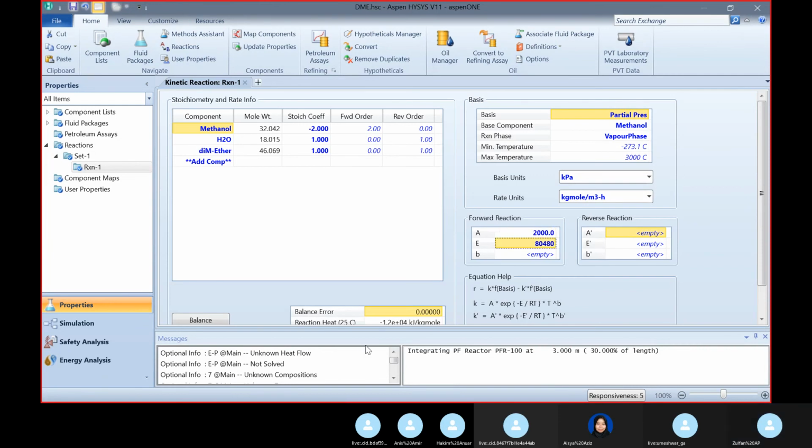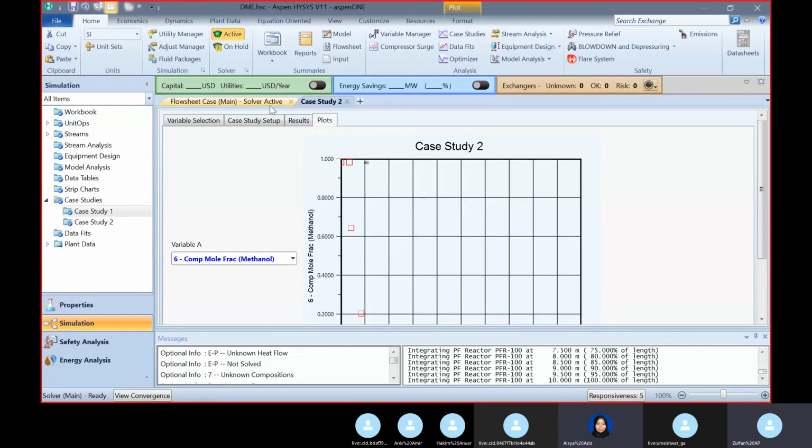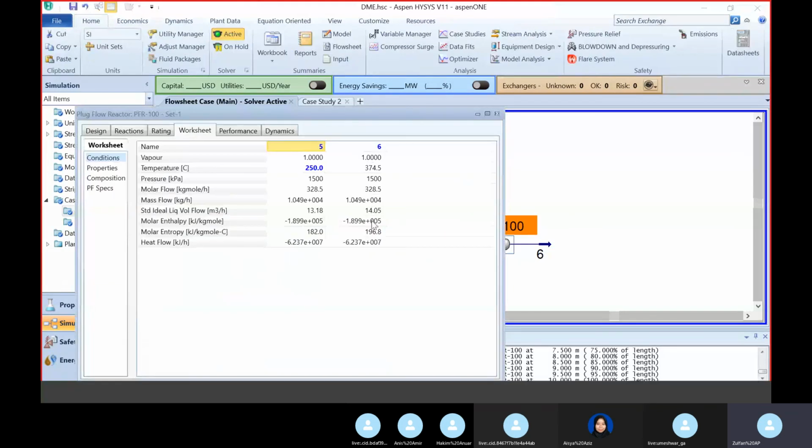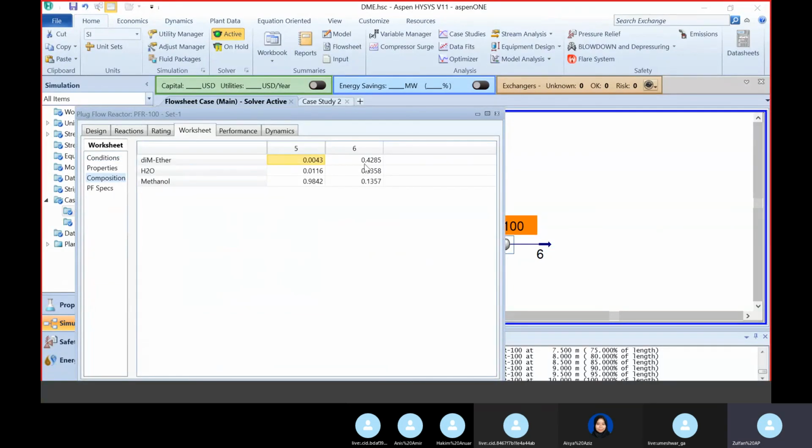Enter, and then go back to that simulation, the case study. See, it's 13. Okay, fine, at least we have something. So that's one way we can play around.